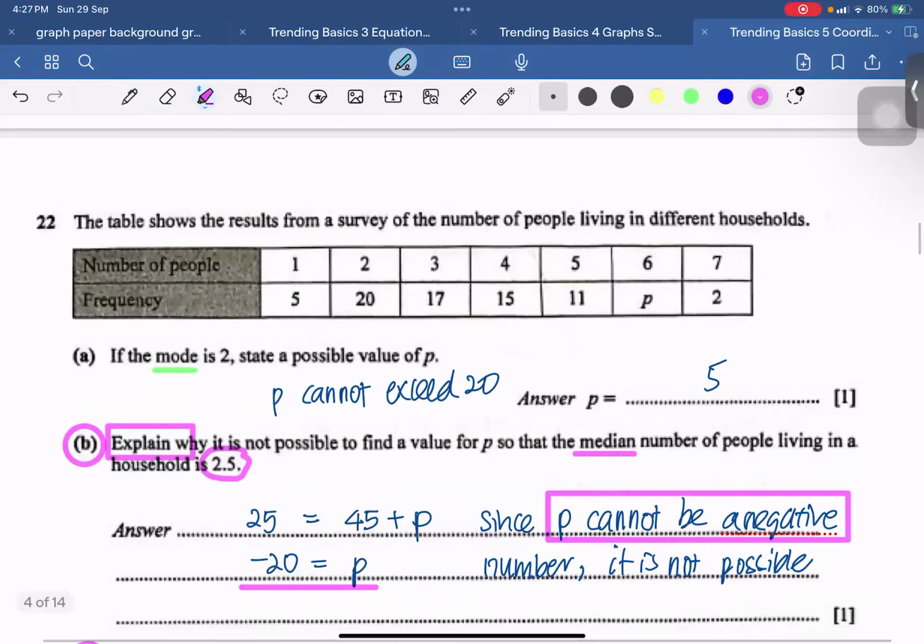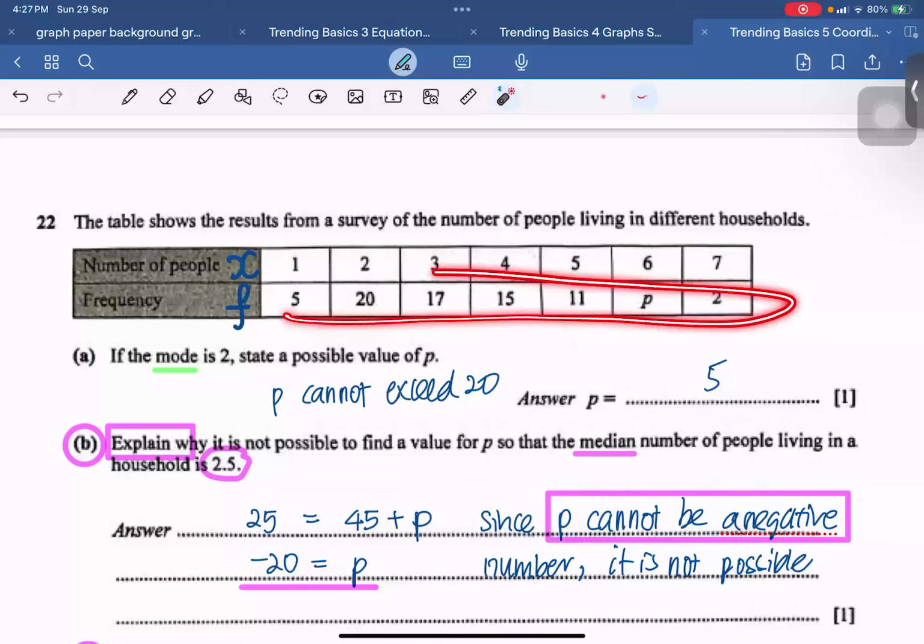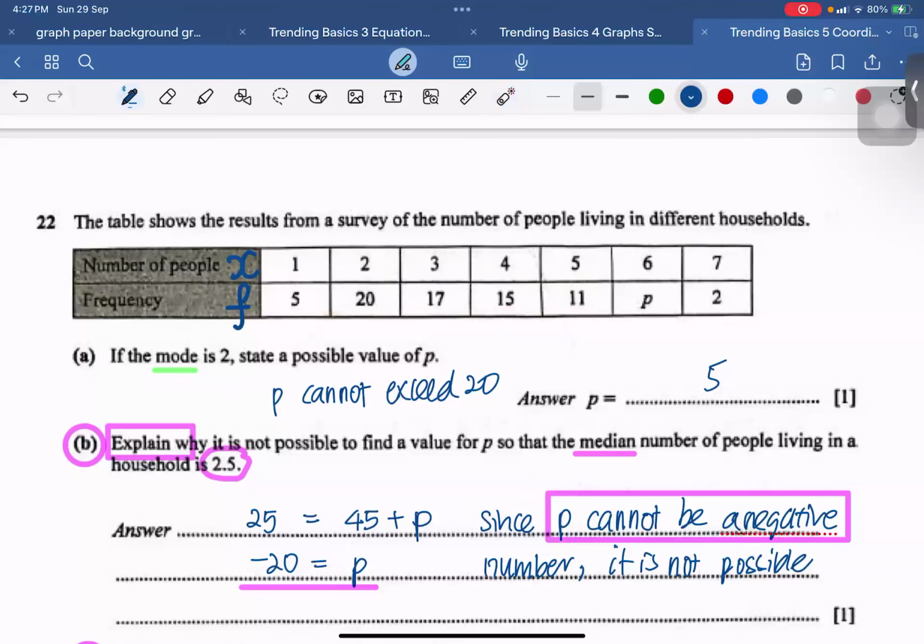First, let us find our x value. This is my data x value. This is my frequency. Sum of all my frequency, including the p, is something plus p, not multiplied with the p together. 5 plus 20, 17, 15, 11, 2, that gives 70 plus p.